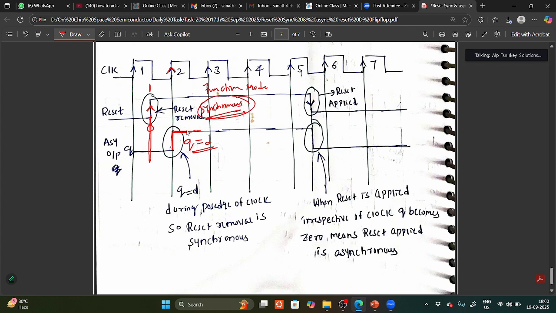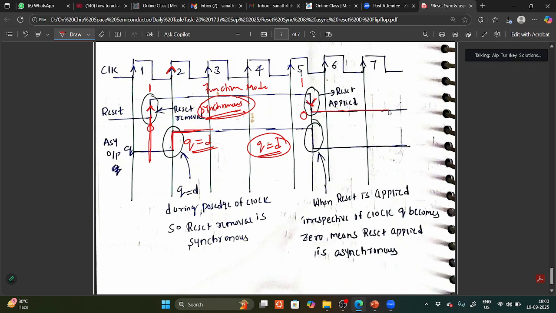That means when it is going from reset mode to functional mode, this is synchronous with the clock. Suppose here this is functional mode, till here it will follow the D input. Suppose when it is coming from 1 to 0, that is nothing but reset applied. It is going from functional mode to reset mode.